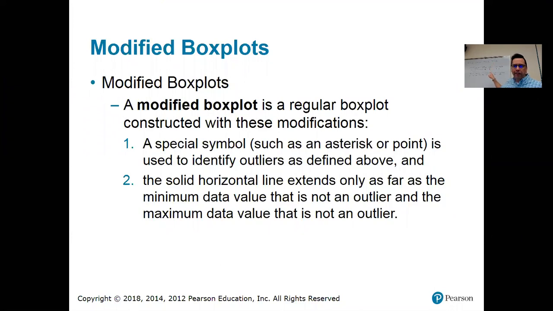And you can go back to the set of data and check that the last value before this 43.0 was 38.5. So from here up to here, the box plot looks exactly the same as it did before, except I'm going to stop this whisker at 38.5, and I'm going to indicate all of these outliers with stars.